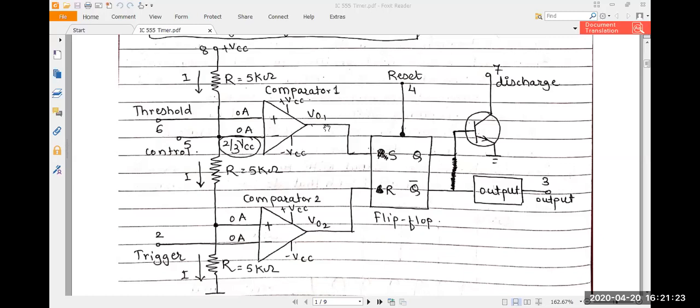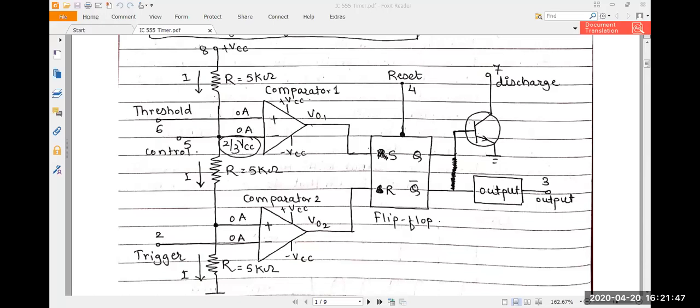It is just that in the 556 IC we have two 555 ICs.